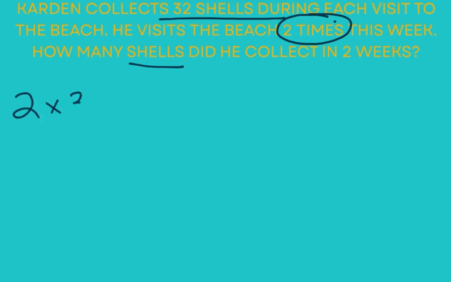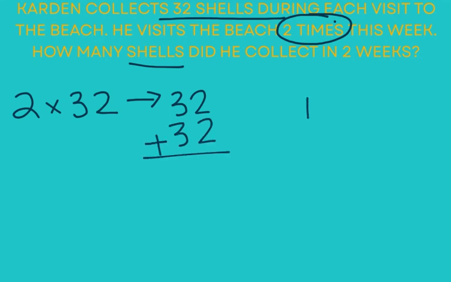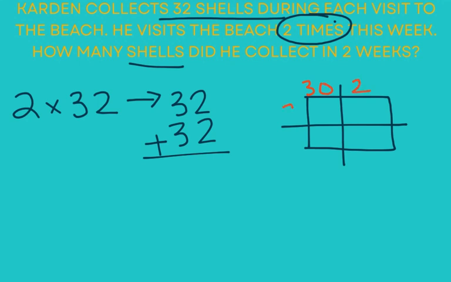2 times 32 is how I'm going to solve this problem. And we can actually do this a variety of ways. We can simply add 32 twice, or we can do our area model like we've been doing with our 2-digit by 1-digit by breaking apart that 32 first. So 30 and 2, and then just multiply by that single digit of 2.